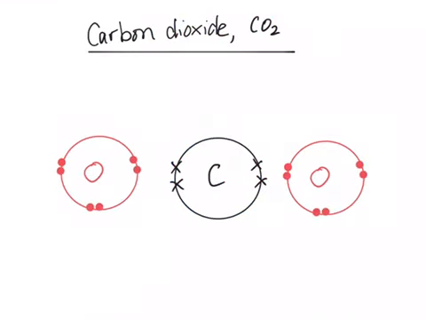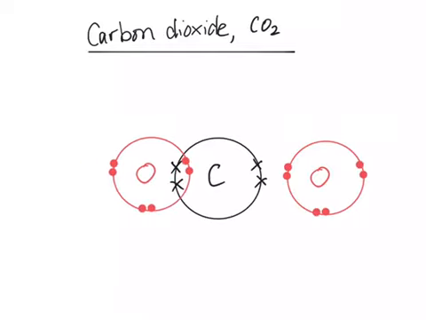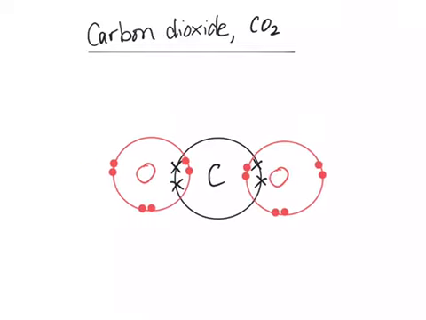If you take carbon dioxide, the well-known greenhouse gas, carbon only has 4 electrons, and it needs 8 electrons to get a full outer shell. So for that to happen, the carbon has to gain another 4 electrons. And the only way that carbon can gain 4 electrons is to share 4 electrons. So what happens is it goes a bit like this.